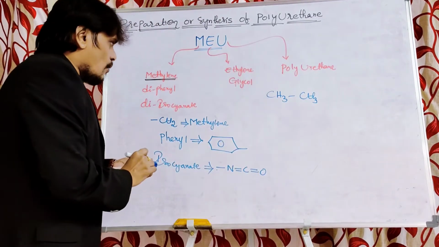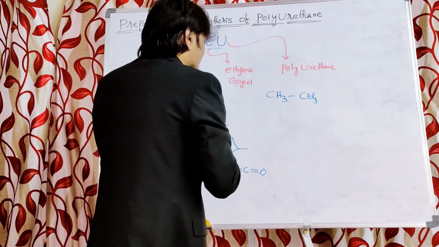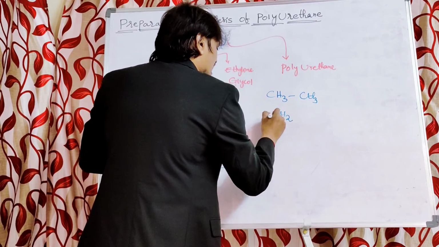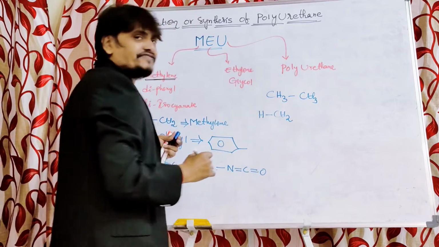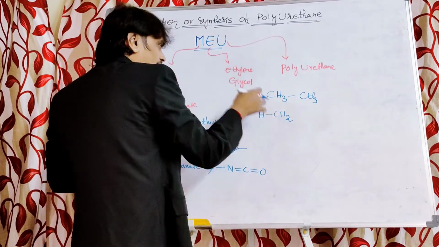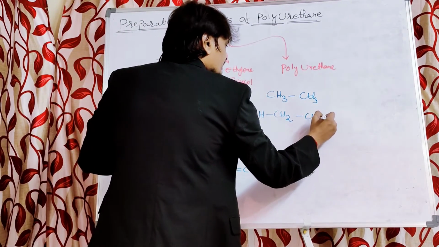Now what I am doing is, instead of writing CH3, I will write CH2H. I am just elaborating the structure. Instead of writing CH3, I am writing CH2H, and I am elaborating here also CH2H.